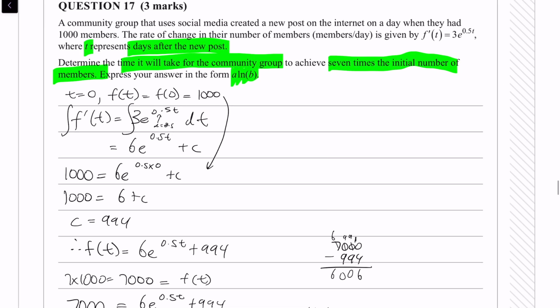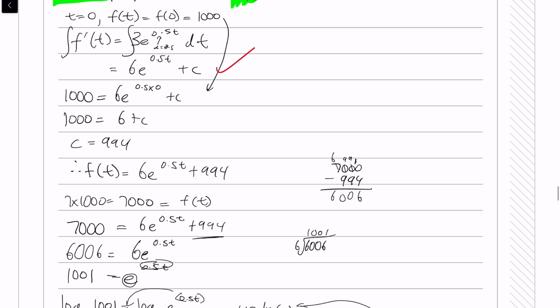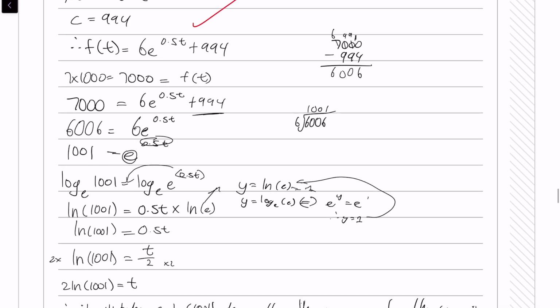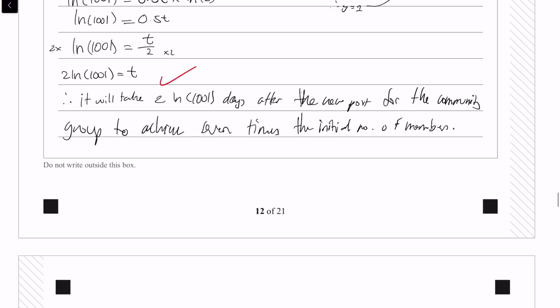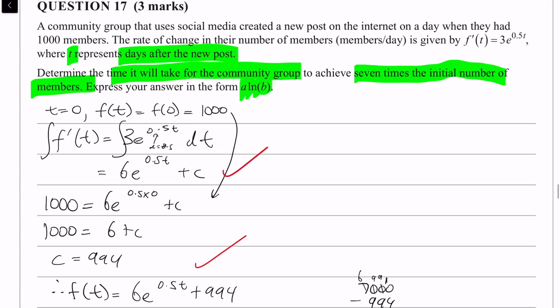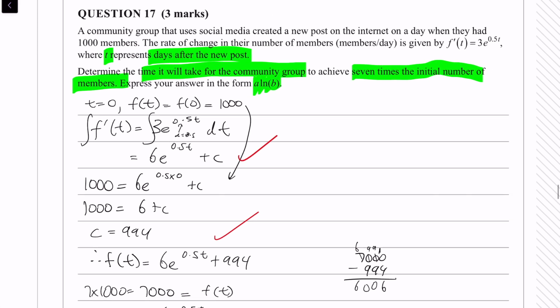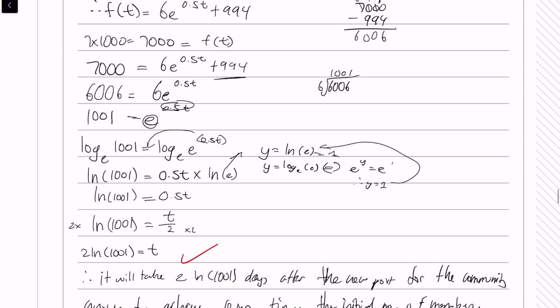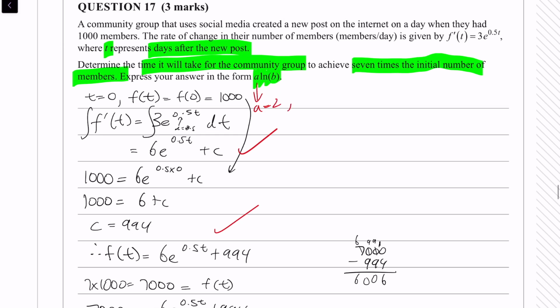So for 3 marks, the first mark was correctly determining the integral indefinitely, and then the definite integral, so determining C, and then obviously the last mark is the 2ln 1001, and I'm putting it in that form there. Okay, so we know that A equals 2 and B equals 1001.